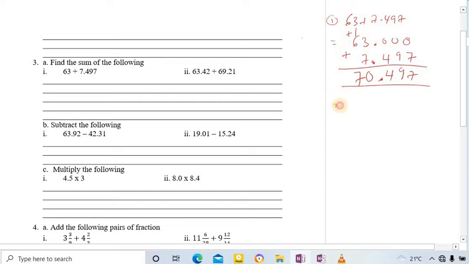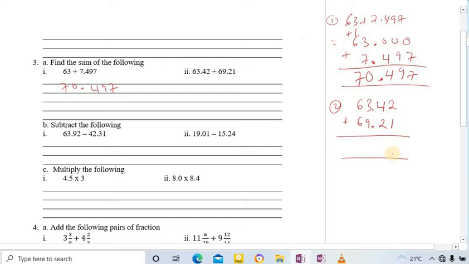Alright, next question is 63.42. So let's put the answer here: 70.497. Okay, 63.42 plus 69.21.